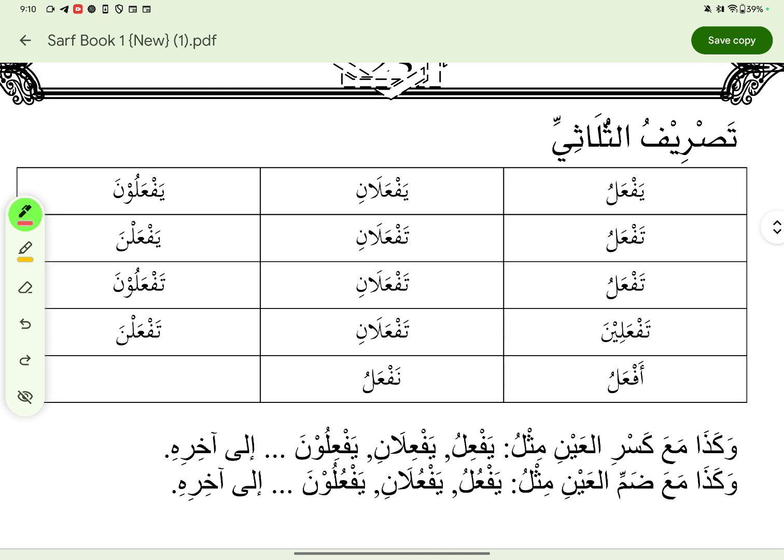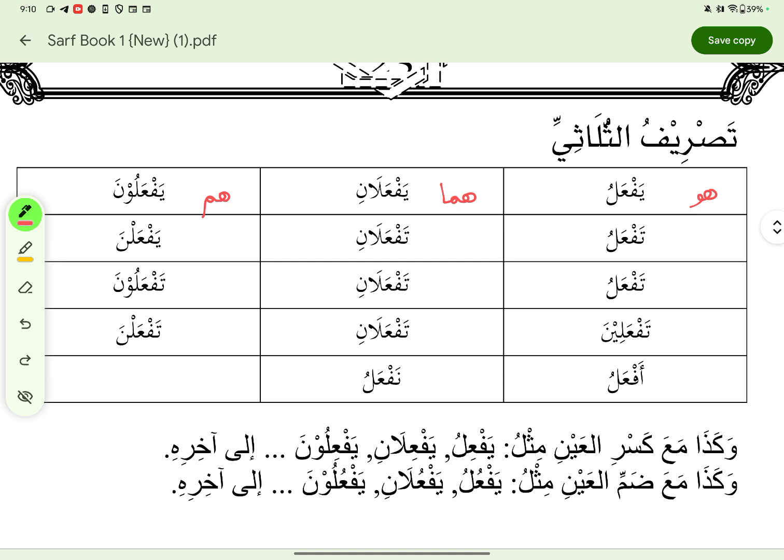We're going to start with the word yaf'alu. You say huwa yaf'alu, huma yaf'alani, and hum yaf'aluna. Huwa, as we know, means he. Huwa yaf'alu: he does.